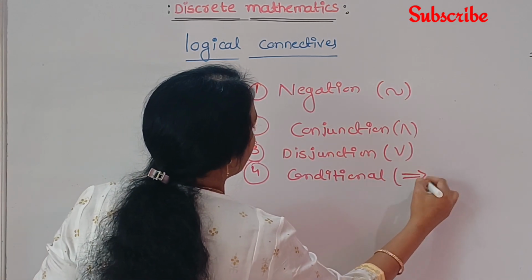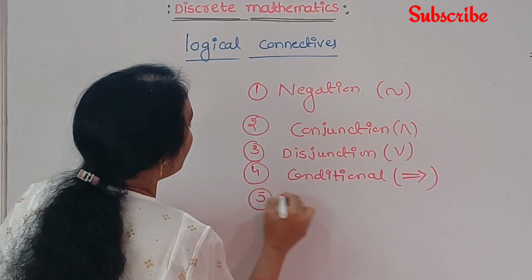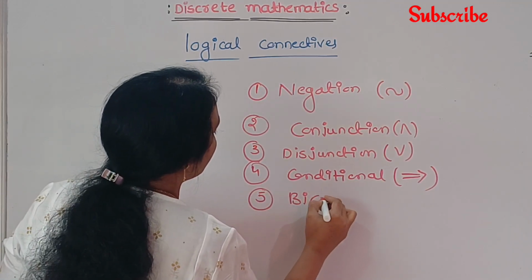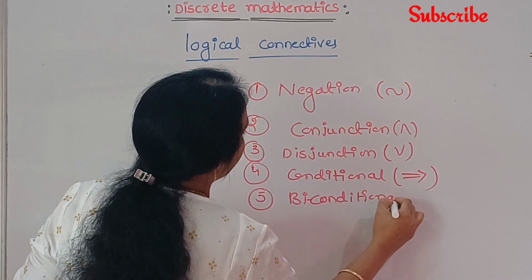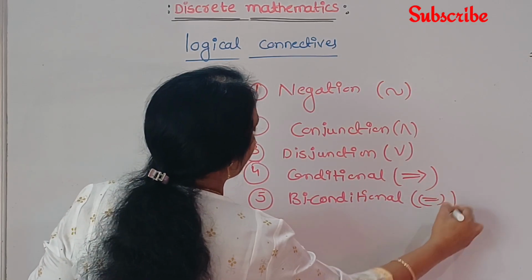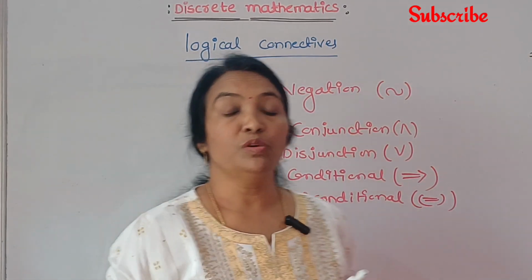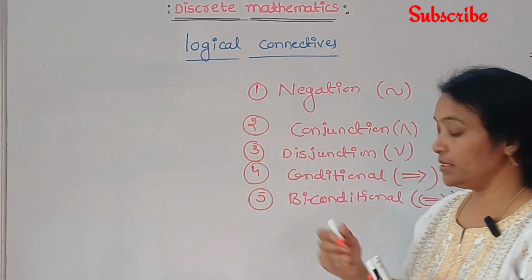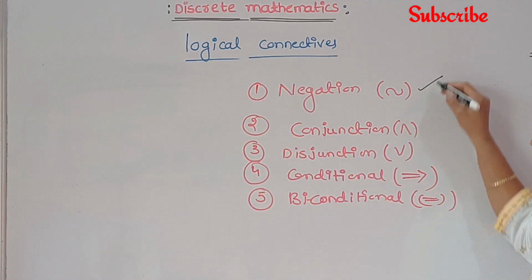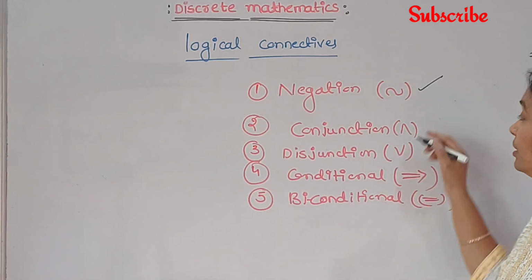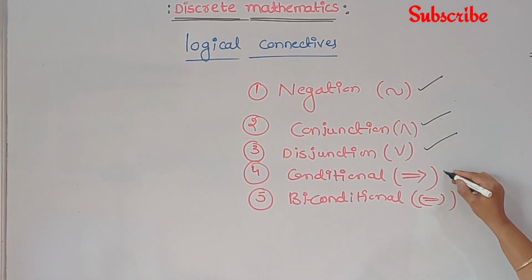This is like this. And the fifth one is the biconditional. The first one is the negation and the next one is the conjunction. What are the logical connectives? We have 5 basically: negation, conjunction, disjunction, conditional, biconditional.